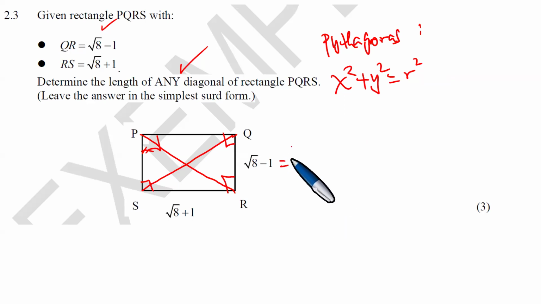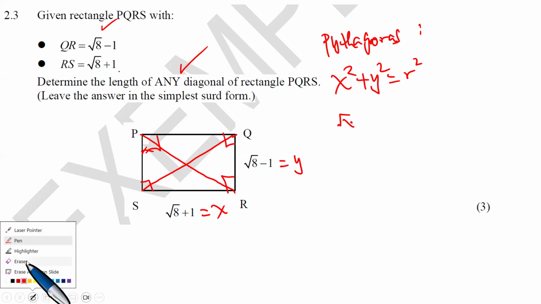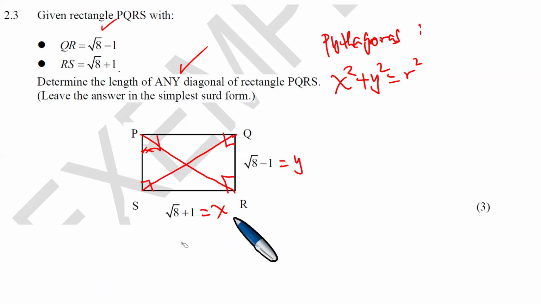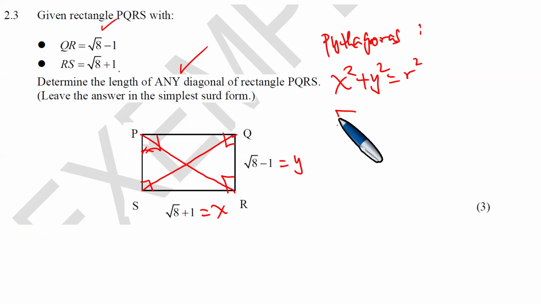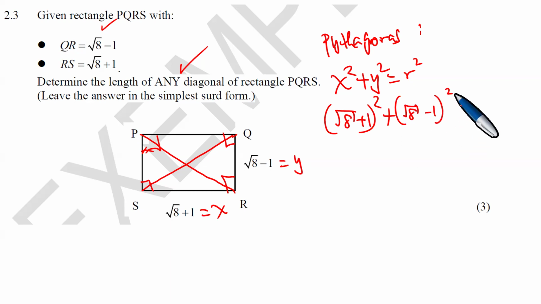Because this side is vertical, it's y, and this is horizontal, so it's x, meaning x is the square root of 8 plus 1. So wherever there is x, we're going to put the square root of 8 plus 1, and you square this. The y is the square root of 8 minus 1. You square this, and the result is r squared.